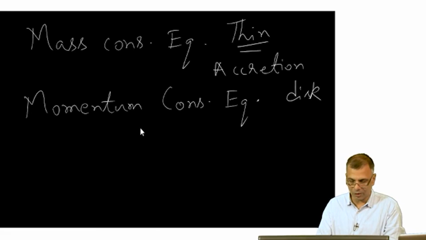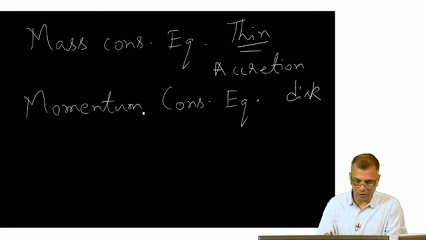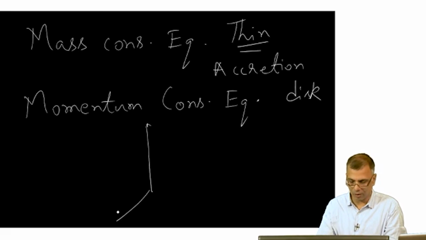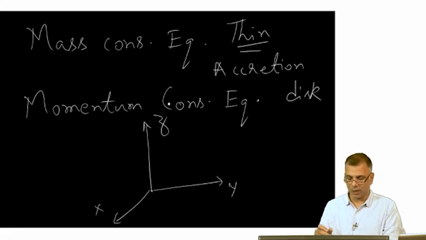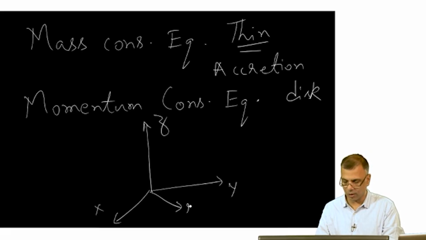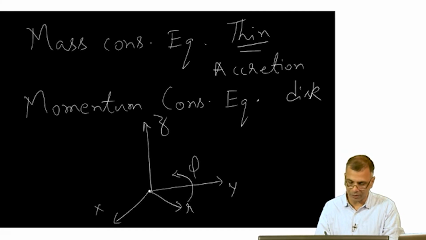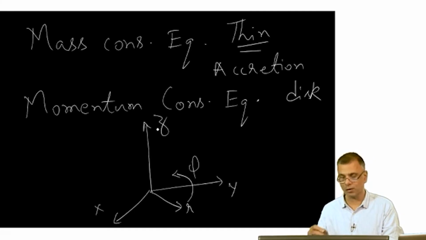A cylindrical coordinate system would be one where you have the standard Cartesian axes x, y, and z like this, and you would have an r coordinate lying in the xy plane, a phi coordinate which would be like this, and a z coordinate which is just along the z axis.